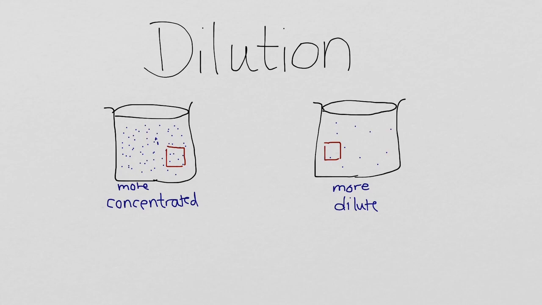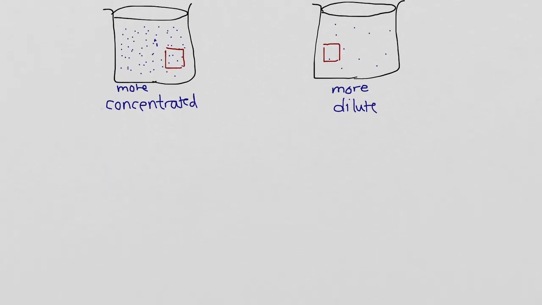And how can you make a solution more dilute? Well, let's say you take this and put it into another piece of equipment called a volumetric flask.